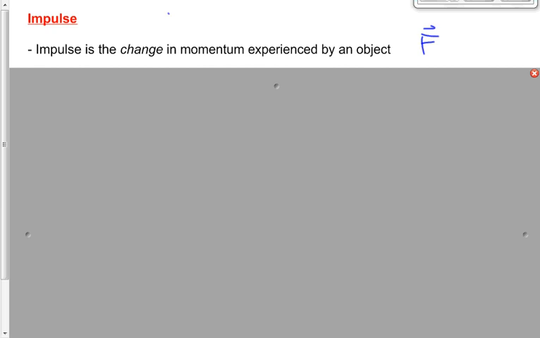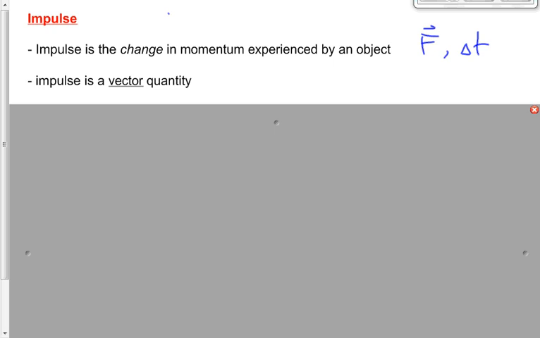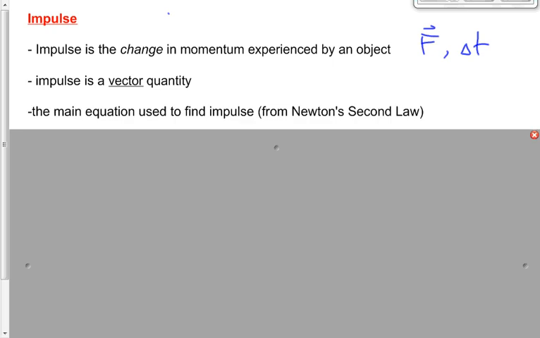So we've got two things that affect momentum, it's m and v. Two things that affect the impulse, it's F and t. Impulse is a vector quantity, namely because it's the change in momentum, and momentum is a vector. But if you look at what it depends upon, force and time, well, it depends upon a vector. It depends upon force. So, of course, any way you look at it, impulse is going to be a vector quantity.